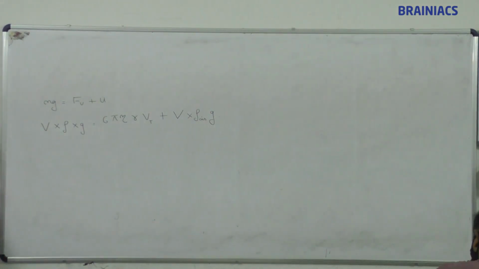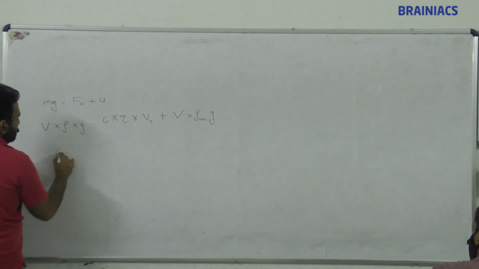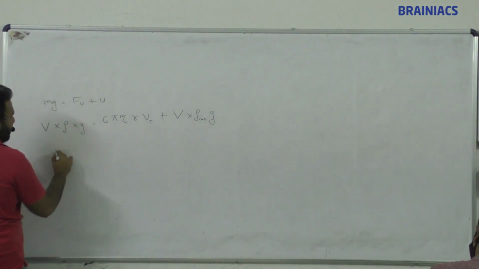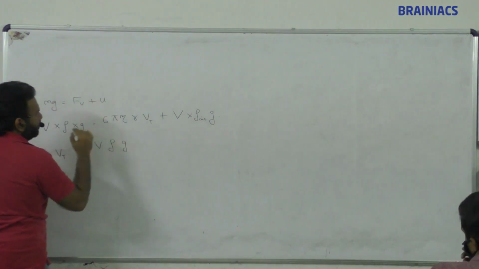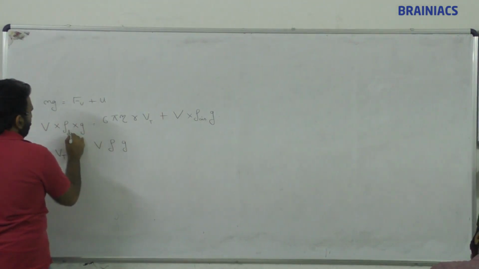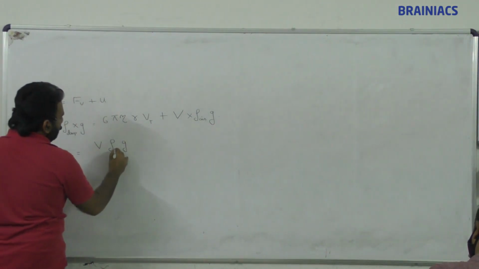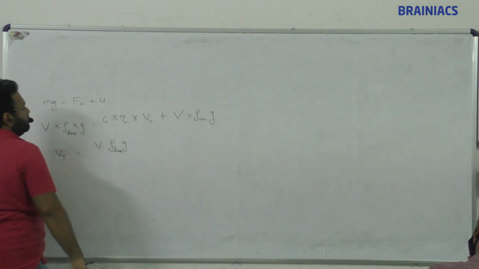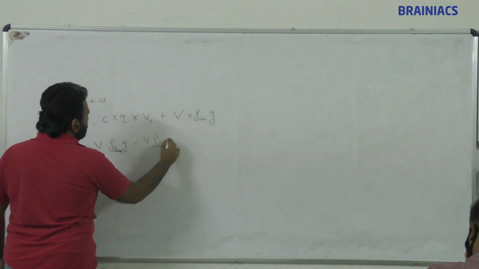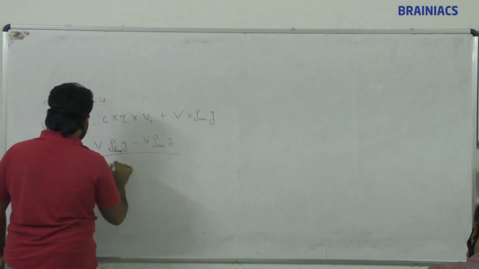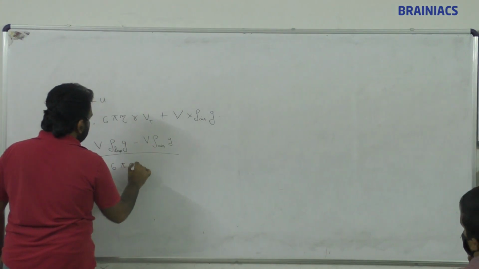Clear? So now what we can do is write it this way: 6 pi eta r Vt is equal to V rho g, where rho is the density of the drop, correct? So V rho g minus V rho of air into g, divided by 6 pi eta r.